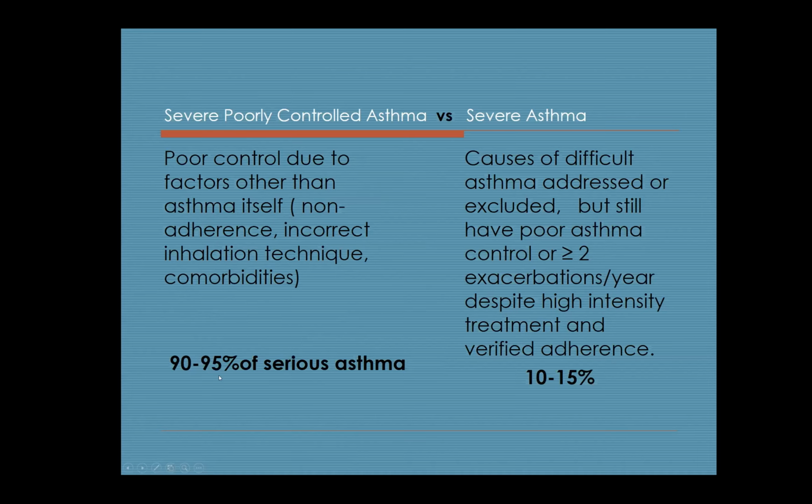So 90 to 95% of serious asthma is all these factors that we talked about at the previous talk that are impairing their asthma control. And the group of patients who actually have truly severe asthma is only 10 to 15% of asthmatics. And they have poor asthma control despite having taken care of all these factors, with greater than or equal to 2 exacerbations per year, despite high intensity treatment and verified adherence.